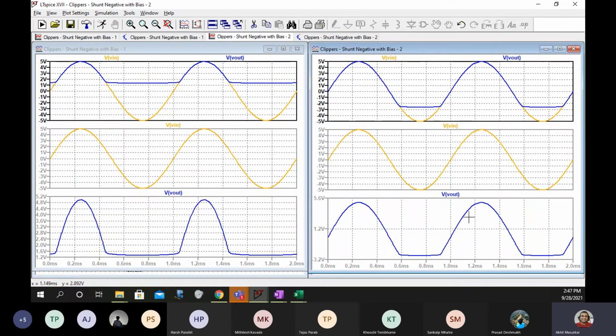Input is same, but output is different for both of them. No, you are also getting different outputs only.